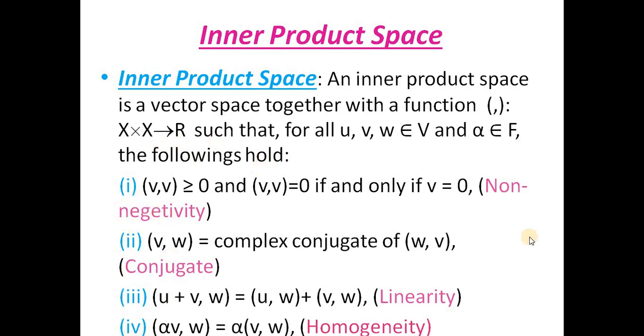The first property is non-negativity property, the second one complex conjugate property, third one linearity property on the first coordinate, the last property is the homogeneity property.